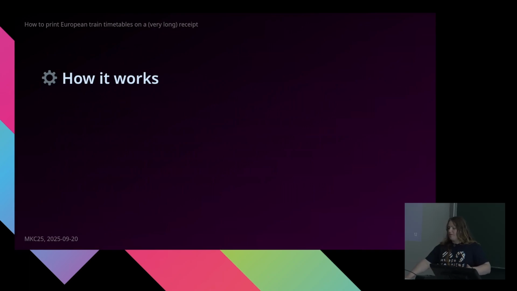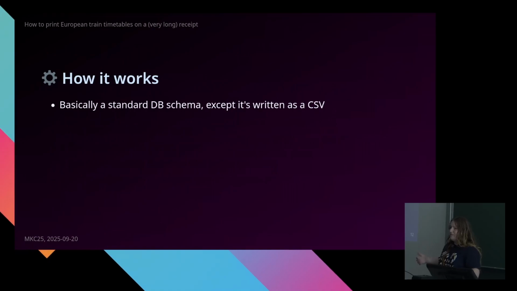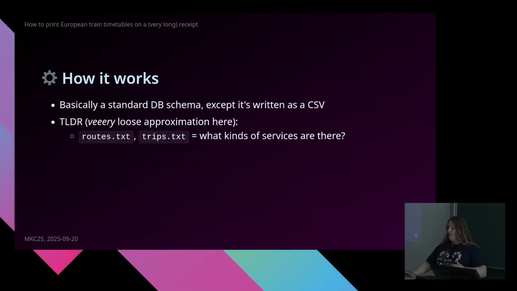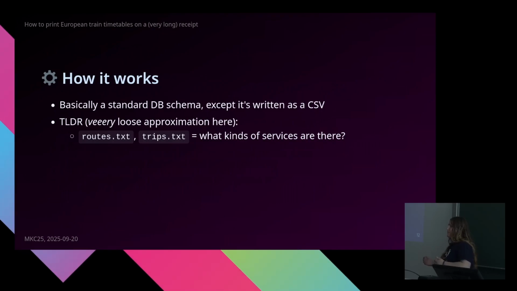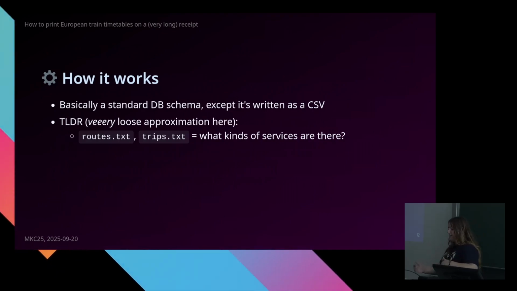So how it works. Basically, it's a standard database schema, except it's all as a CSV. As a very, very loose approximation, there's routes and trips, which describe what kind of services run. So what lines do they make and what services are running on these lines.